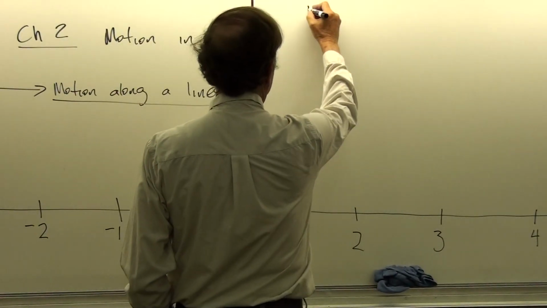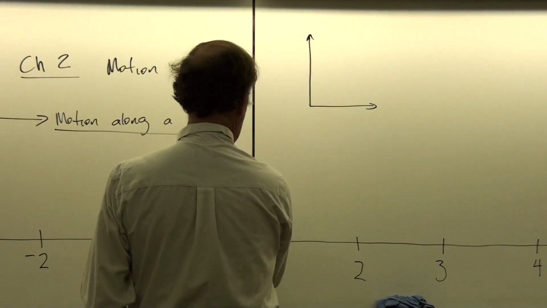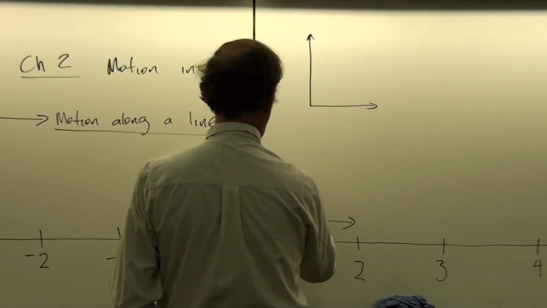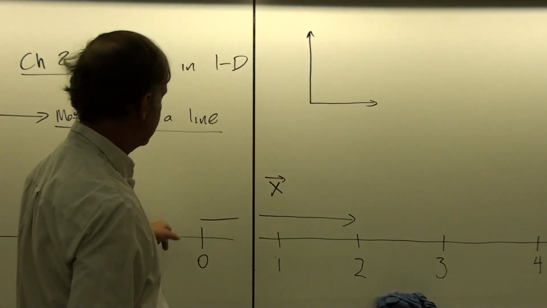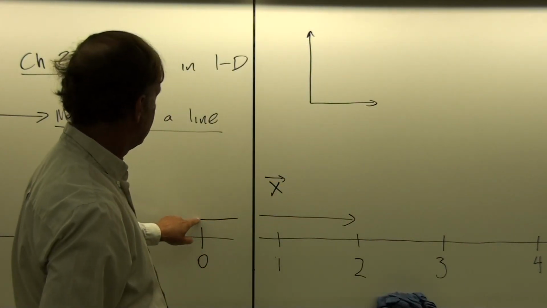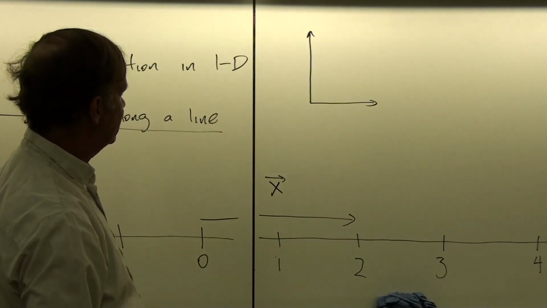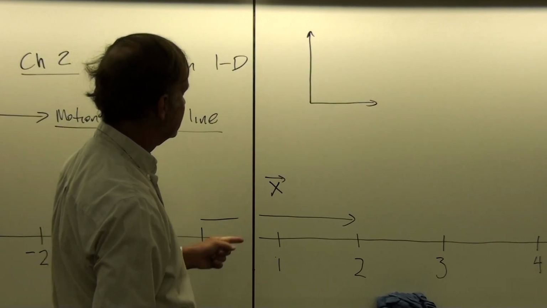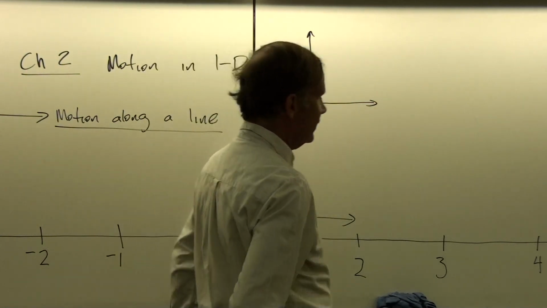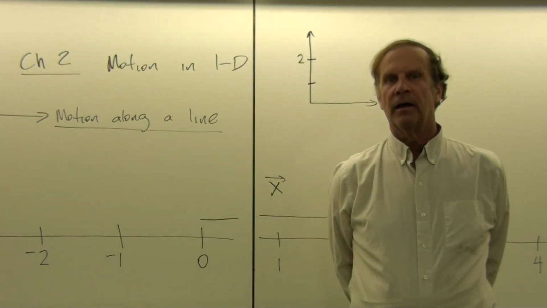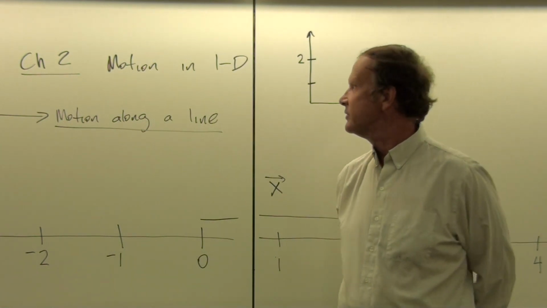Okay, let's say that I wanted to plot, and here we'll call the distance from the origin as being my x displacement vector. Okay, so that's a vector, we notice here, because it has a length and it has a direction. It's in the positive x direction, and so x here would equal 2. So let's say that I stand here. What kind of a plot, think about this for a second, would you have for x versus t?